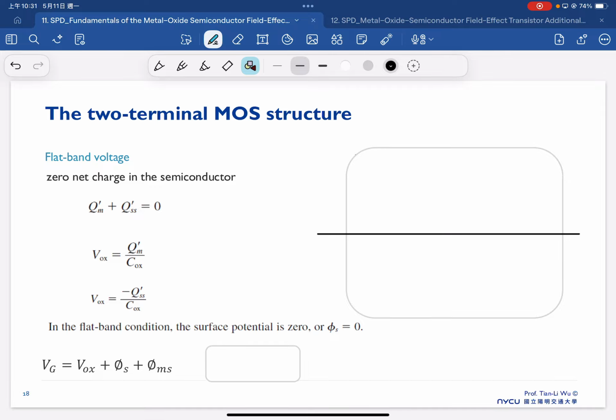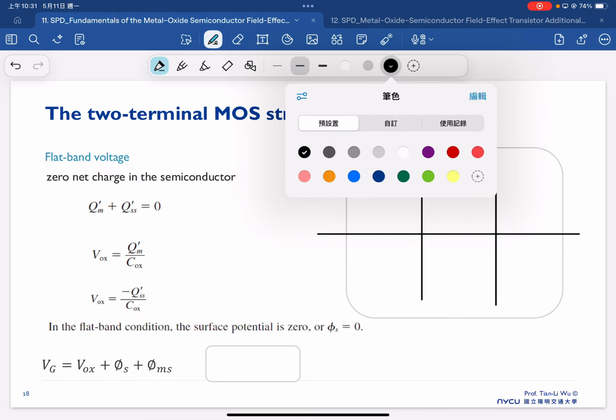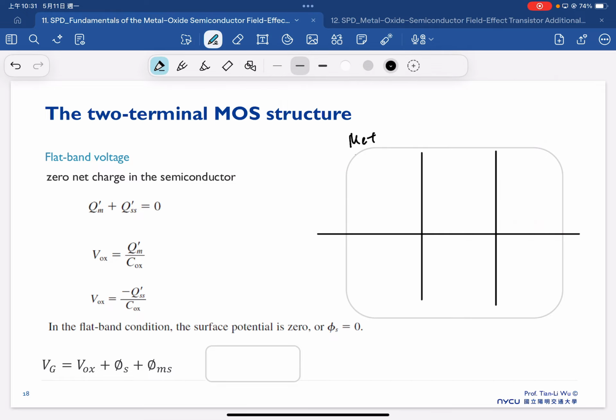We still have to take the charge distribution into account, but now we consider not only P and N, but the metal, oxide, and semiconductor here.